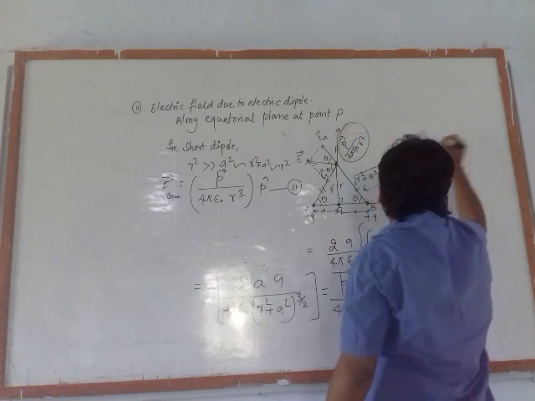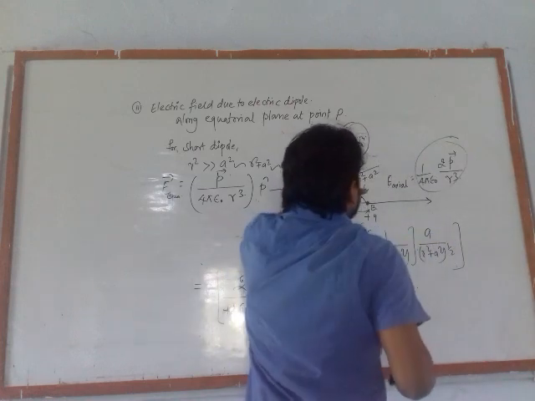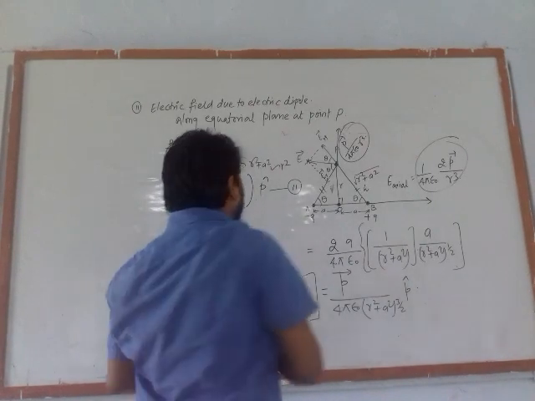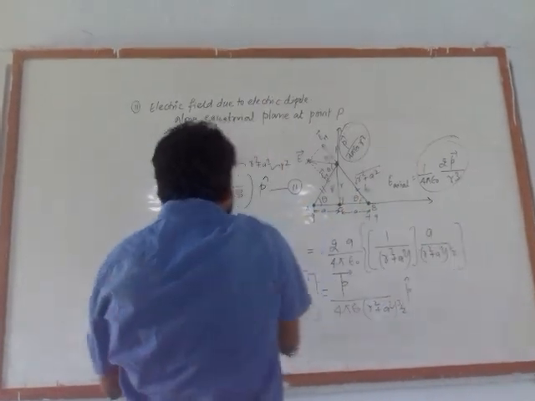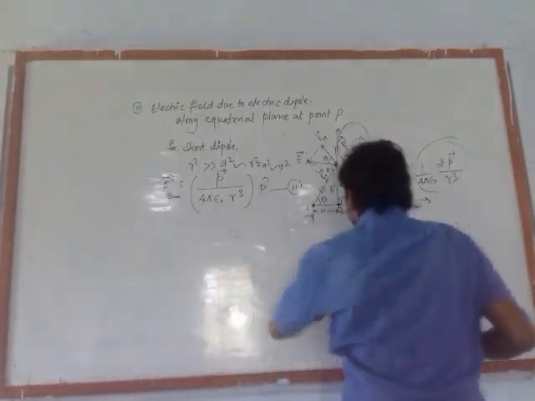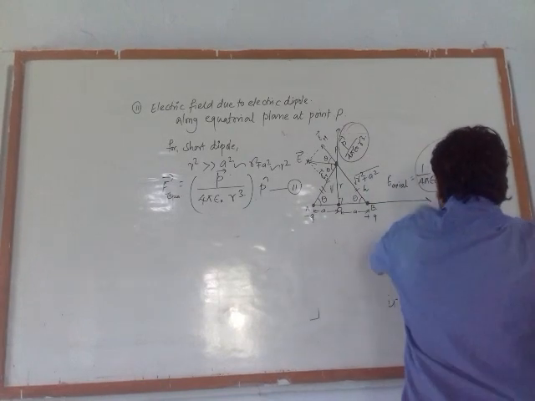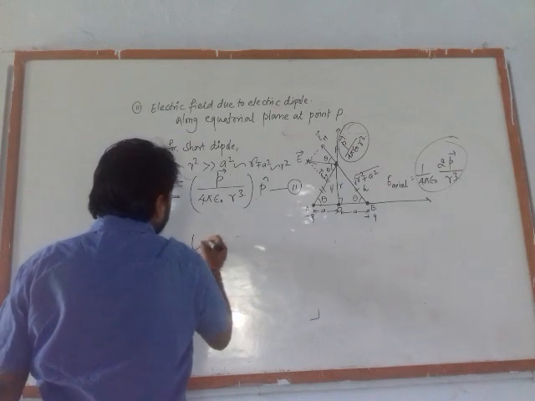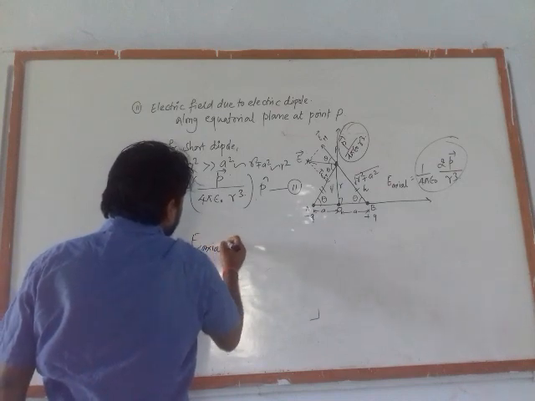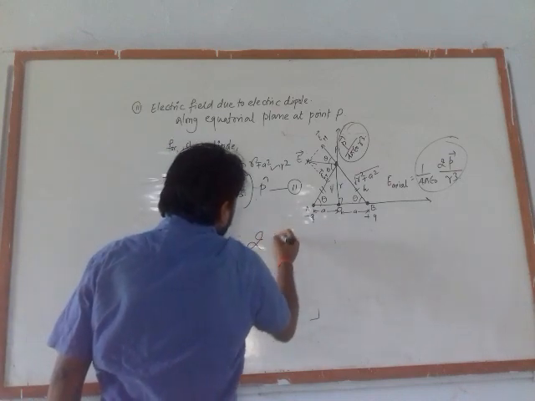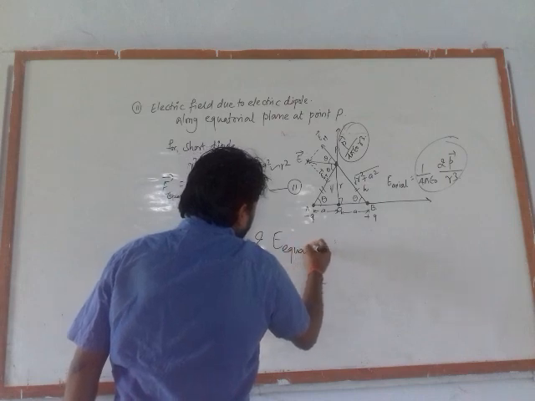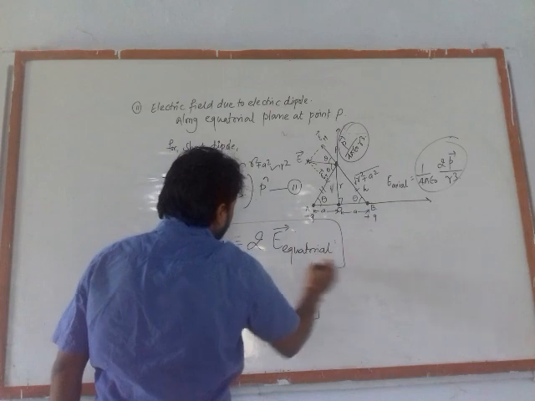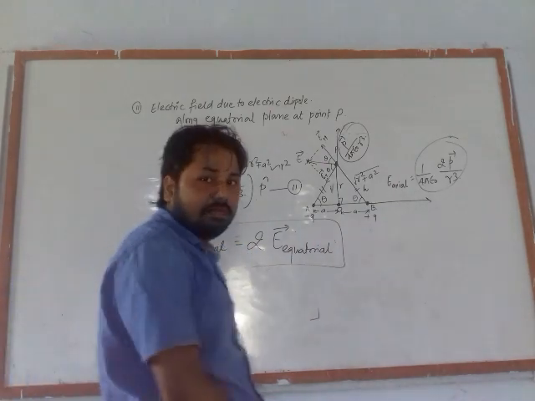So you can compare these two results. Axial is twice the equatorial, as I have told previously also. On comparing these two results, it can easily be written that E axial is 2 times E equatorial. So this is the final result.